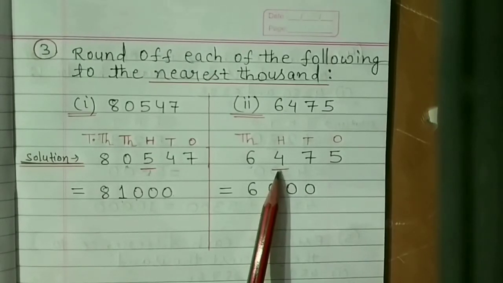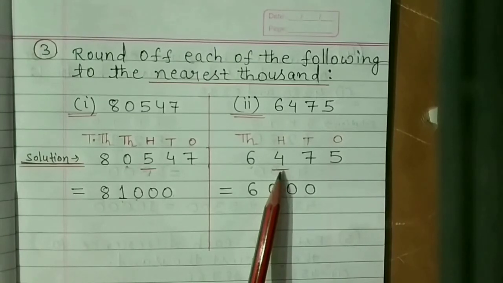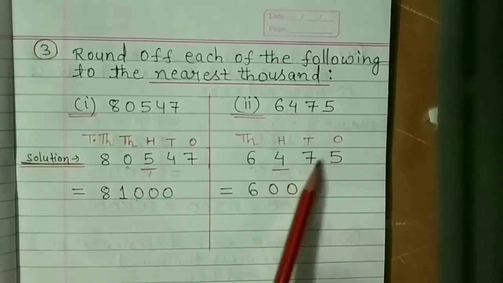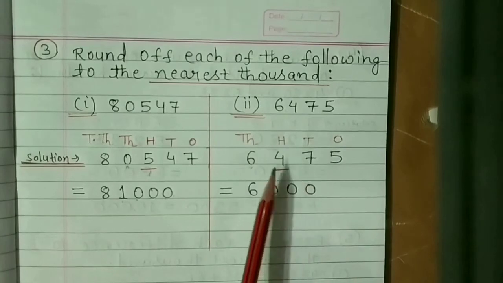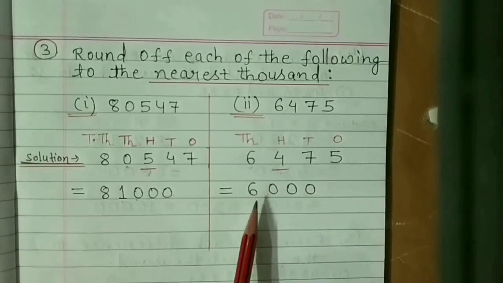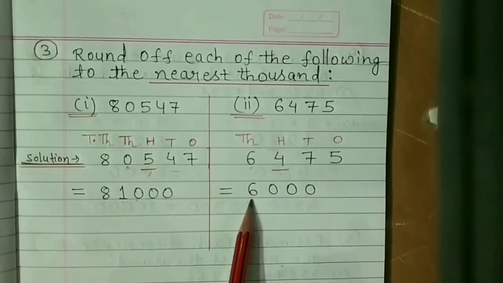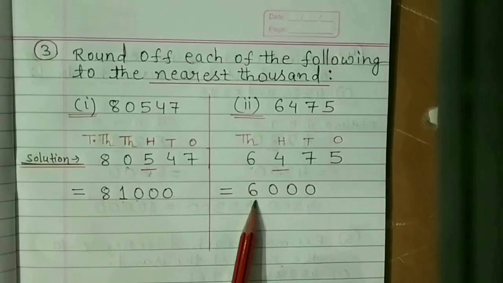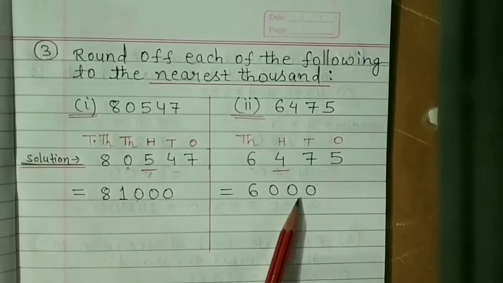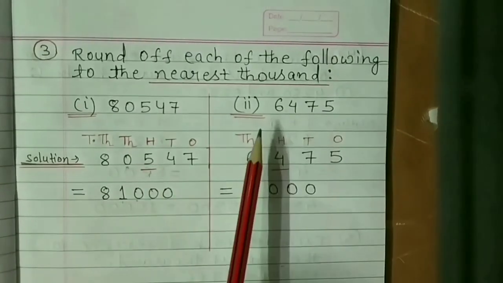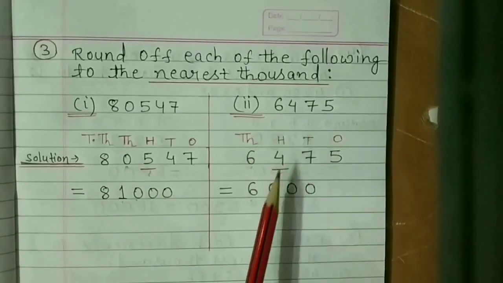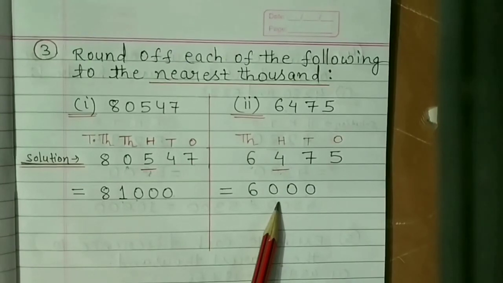So if it is less than 5, we make these digits 0 and we write the remaining digit same to same, that is the number 6, and it becomes 6,000. We have rounded off this number also, that is 6,000.